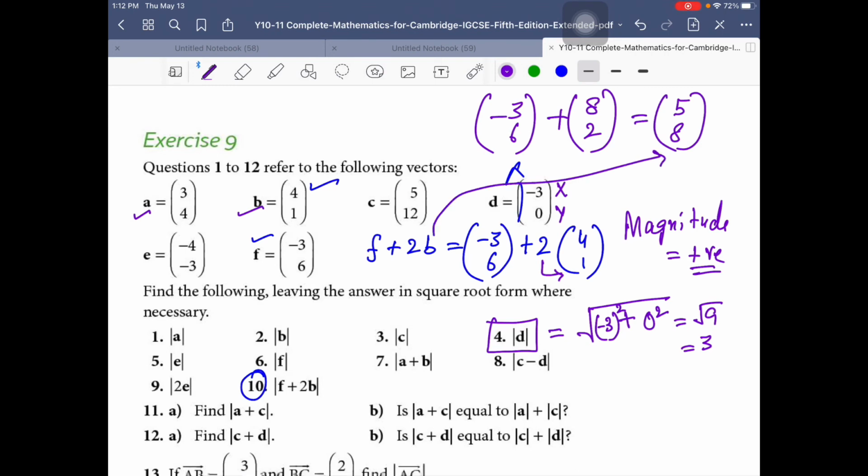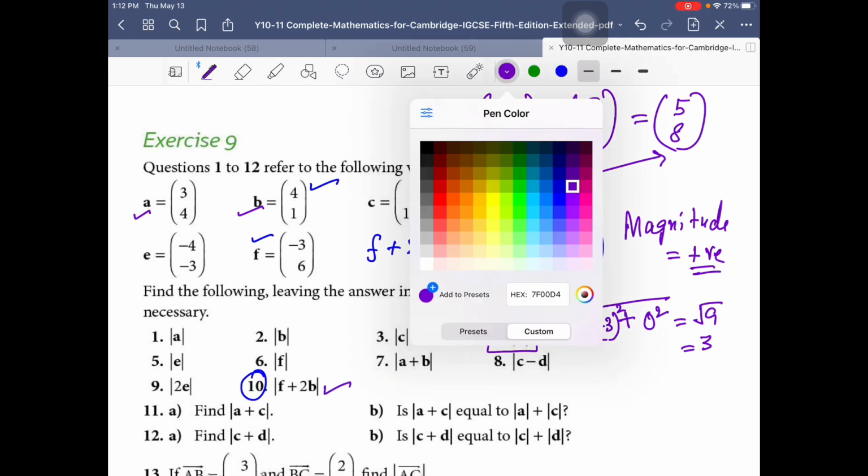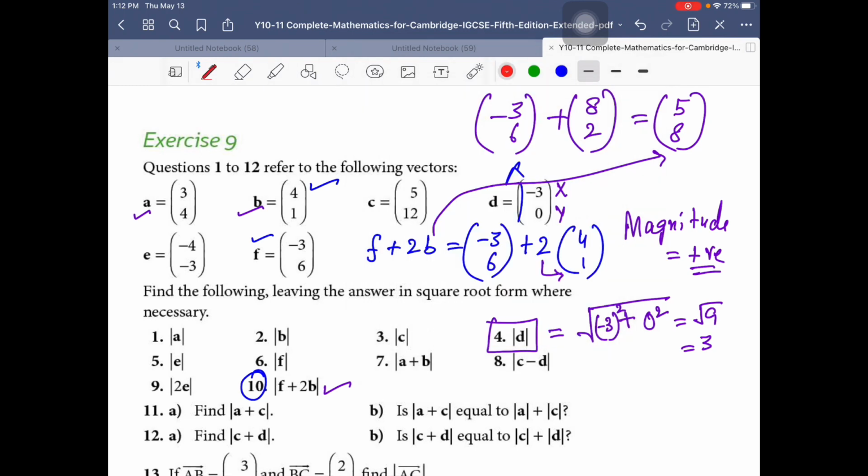The target was to find the magnitude, the length, of this vector. The length of this vector, the magnitude of f plus 2b, is the square root of the sum of squares of the x component and y component.